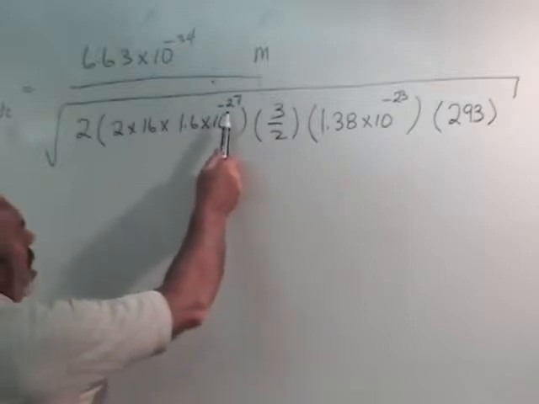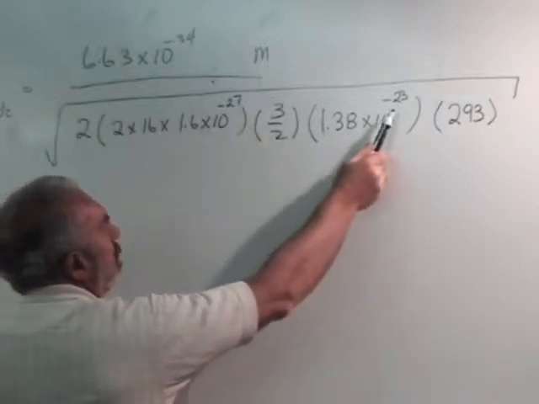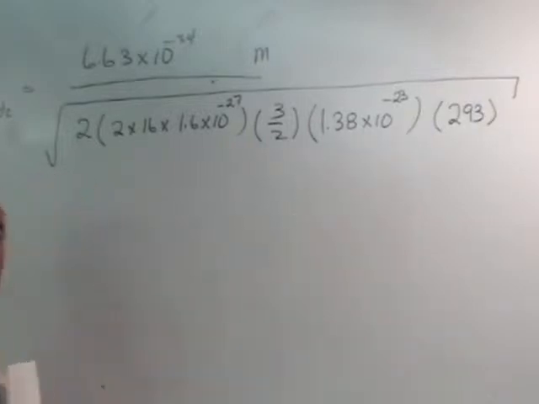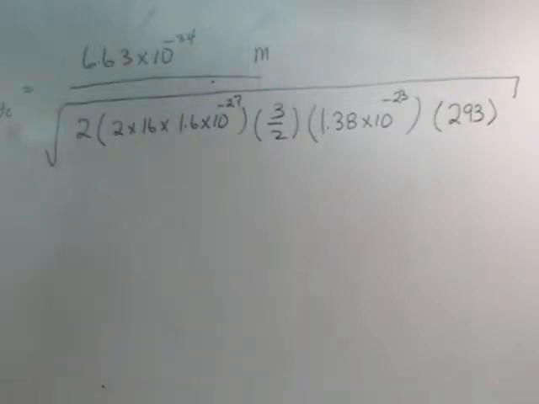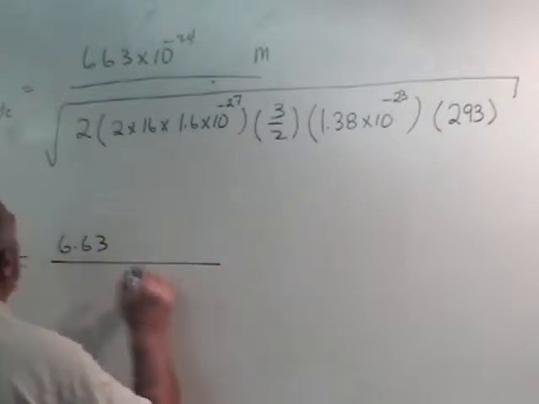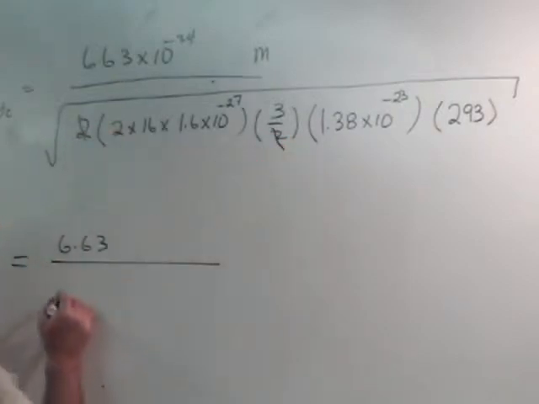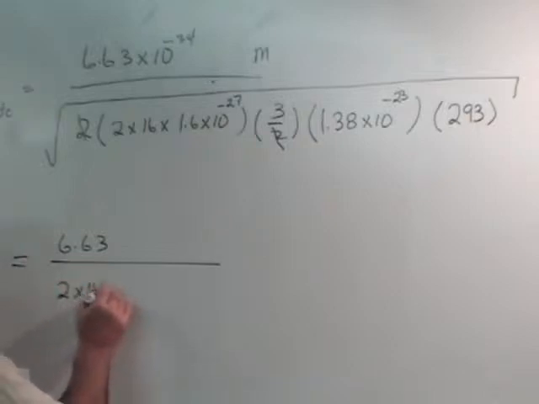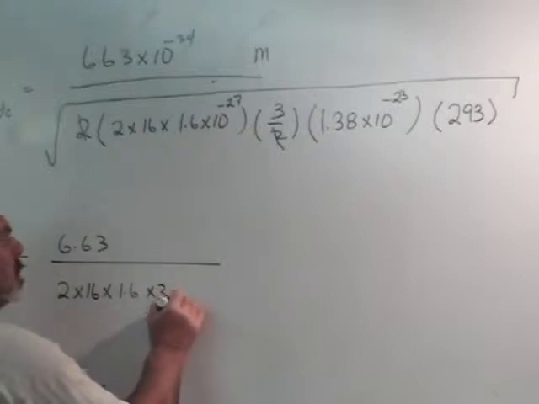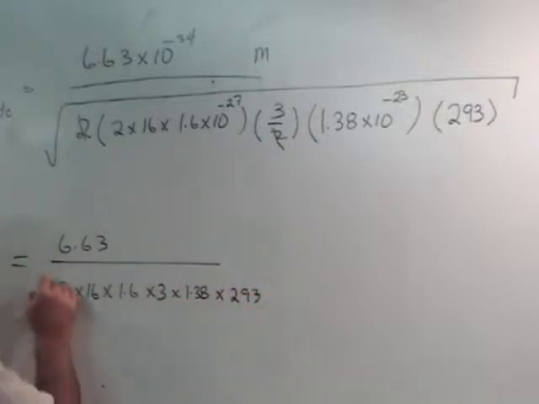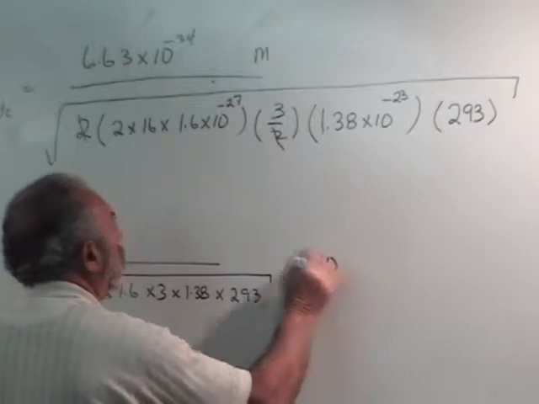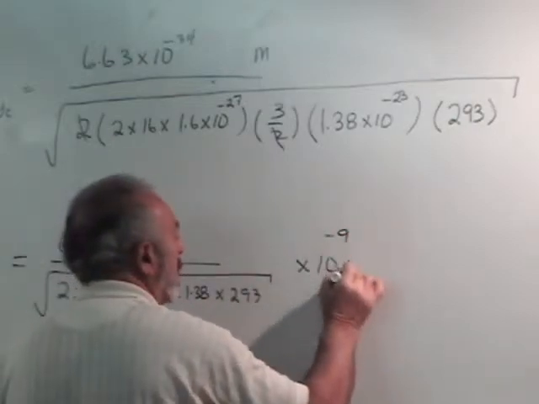It sure looks like here I get 10 to the minus 50. Take the square root of that, that's 10 to the minus 25. When that goes upstairs, that'll be 10 to the positive 25, so we get 10 to the minus 9, huh? So we get 6.63 divided by, these 2's are gone, so we have 2 times 16 times 1.6 times 3 times 1.38 times 293 under the square root, times 10 to the minus 9 meters.